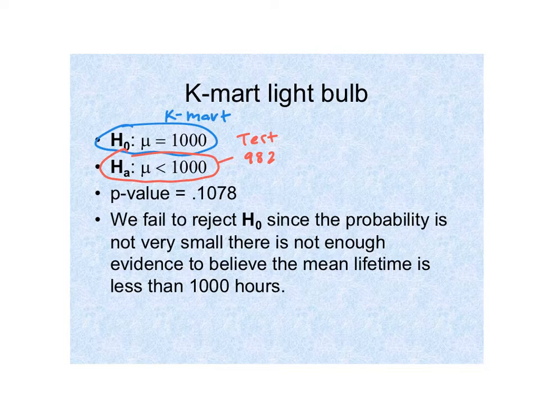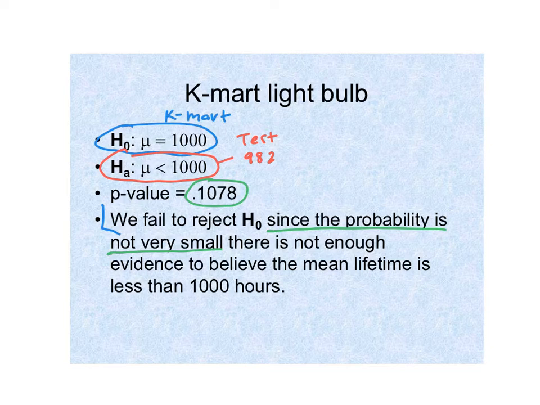And so when we did our calculations, we got a probability of 10%. And since that probability was not very small, then I'm going to do the opposite of what I did with the Chrysler.